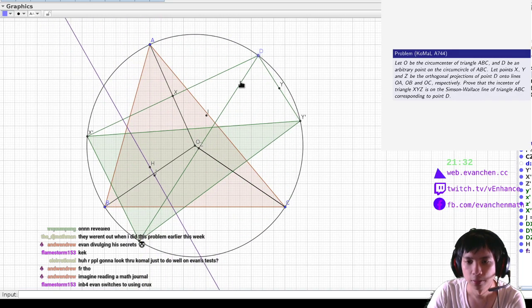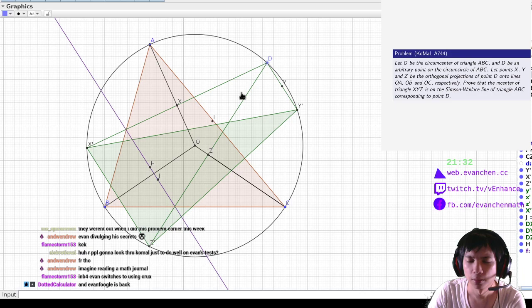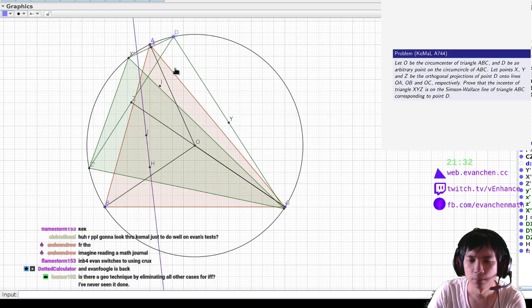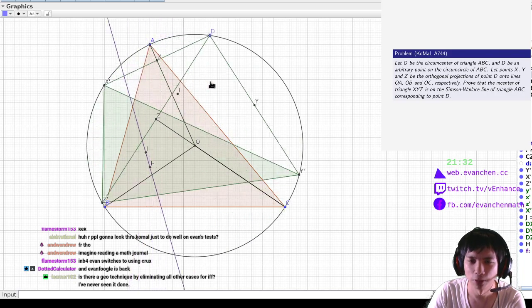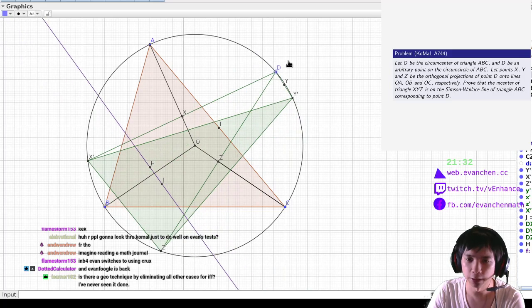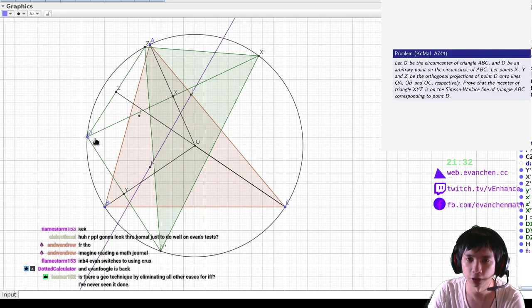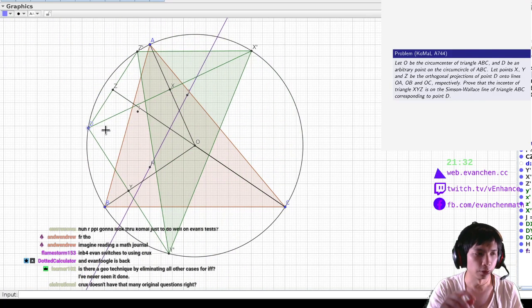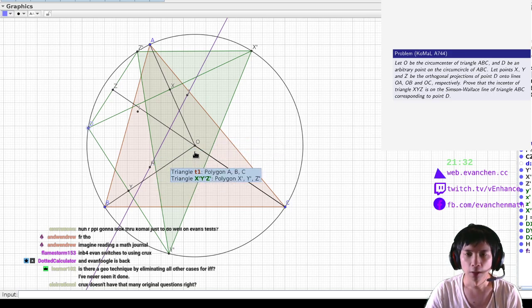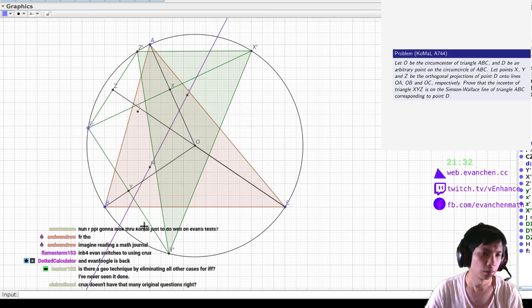No. Wait, maybe I'm wrong. Sorry. Basically, what I was going to say is that the reason that OJ is OH is because this triangle is similar to the triangle you get when you take the reflections of H across the opposite sides. And, yeah. That triangle has incenter H.